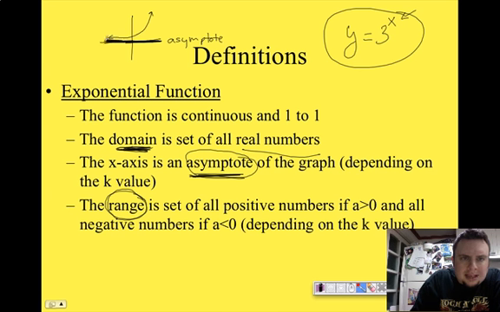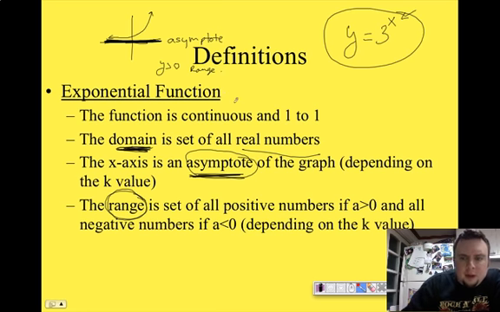Well, they start basically right above 0, and they keep on going up. So in this case, all the y values are greater than 0. Start here, go up. Why didn't I put equal to? Because this thing will never touch the x-axis, so that's why I didn't put the equal to. So this is our range.